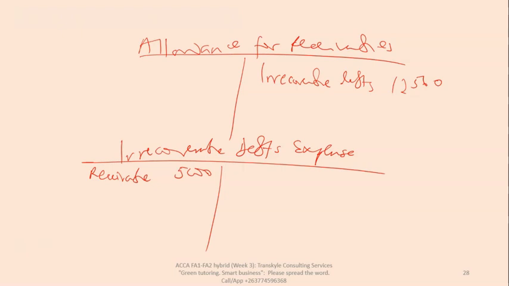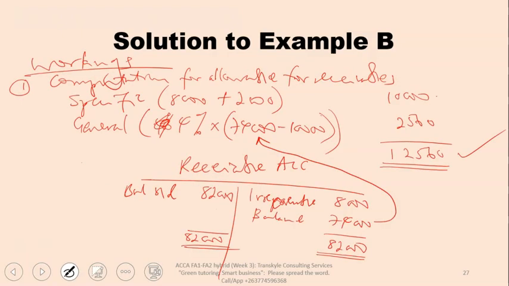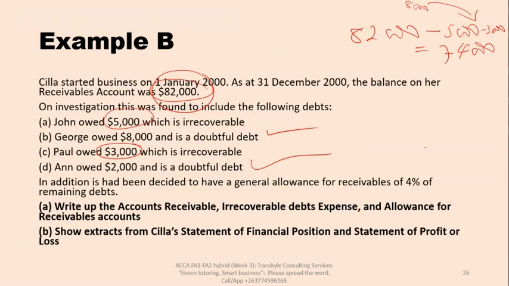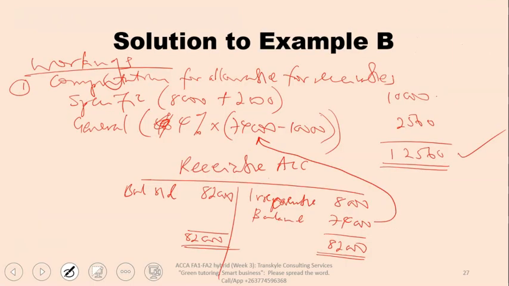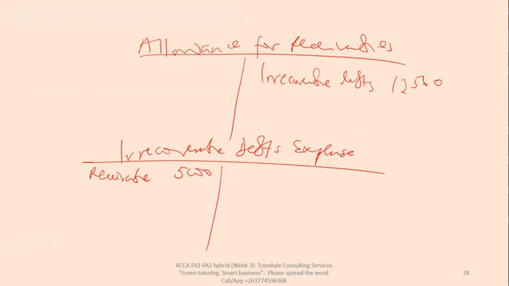There was a 5,000 for John and Paul, the 3,000. Receivable Paul, 3,000.